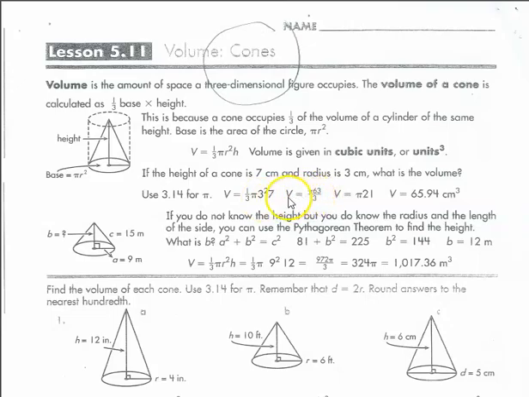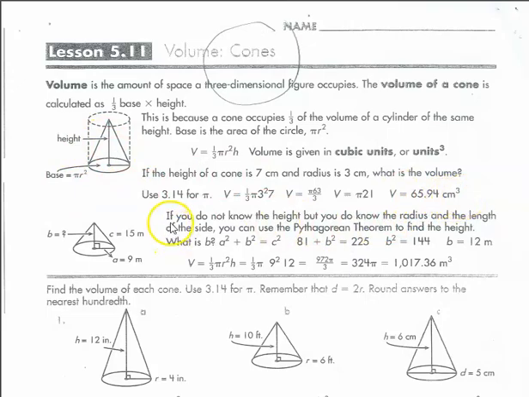So volume is equal to pi times 63 divided by 3, which is this 1/3 right here. Volume is equal to pi times 21 because 63 divided by 3 is 21. Finally, volume is equal to 21 times 3.14. So the volume of this cone is 65.94 centimeters cubed.